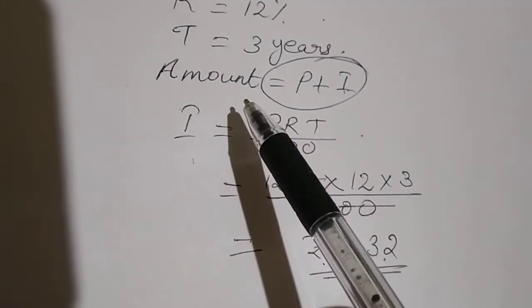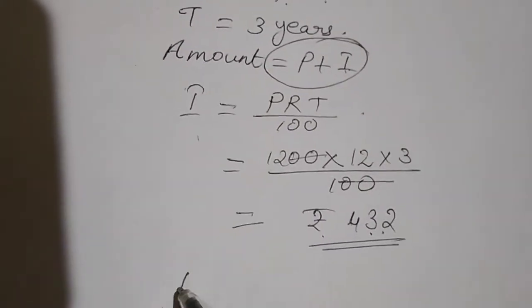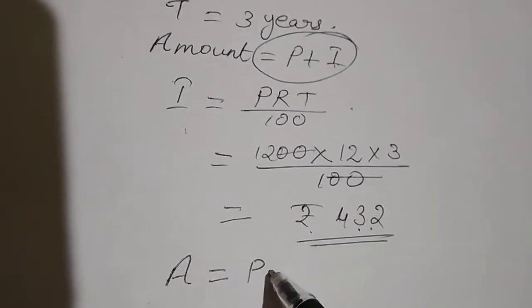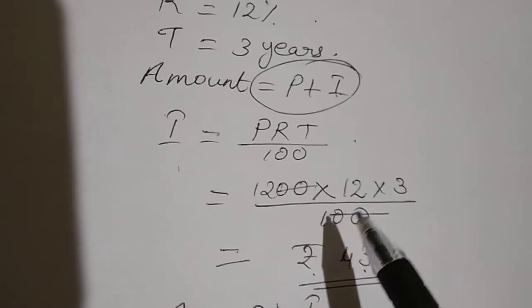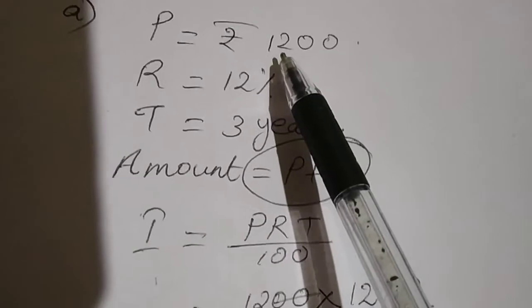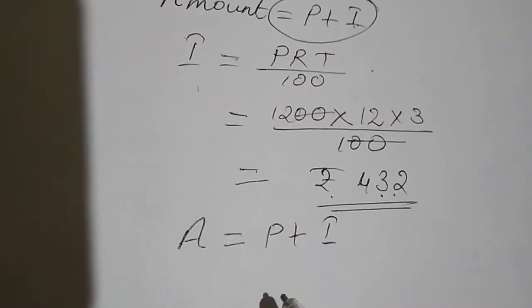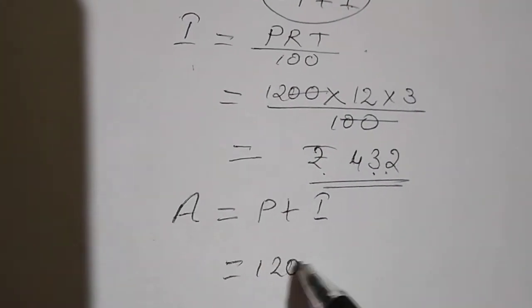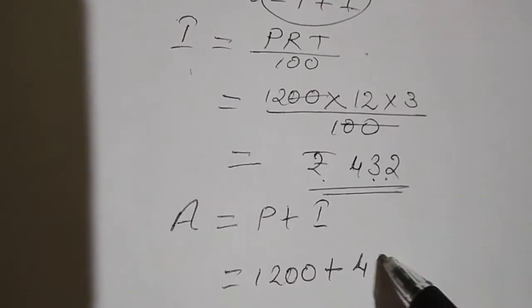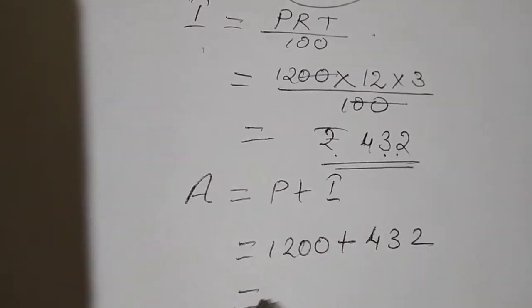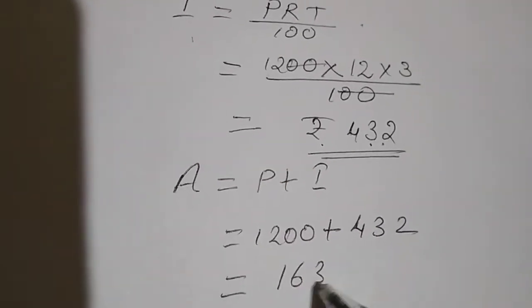Now we have to find the amount. So A is equal to P plus I. We know that principal is equal to 1200. So 1200 plus 432. Answer will be 1632.